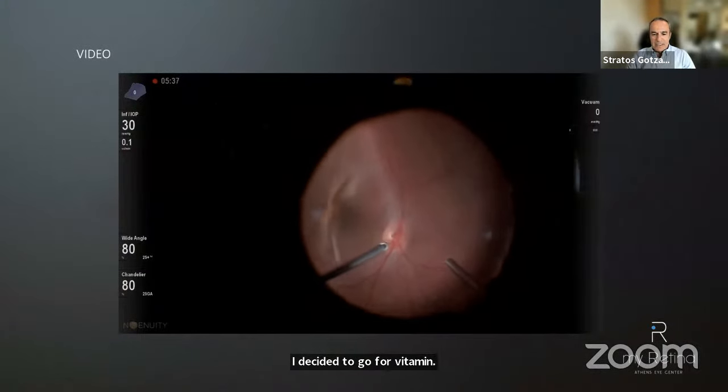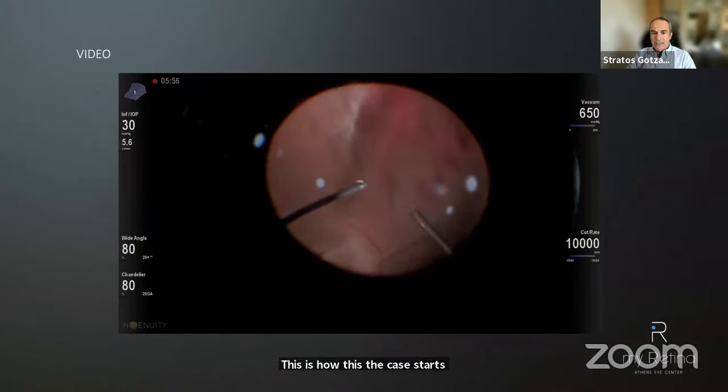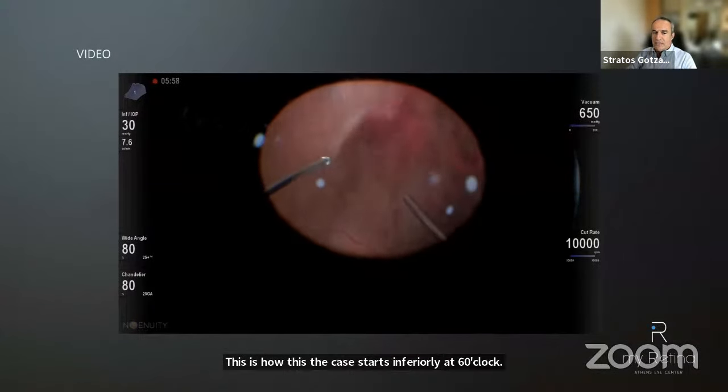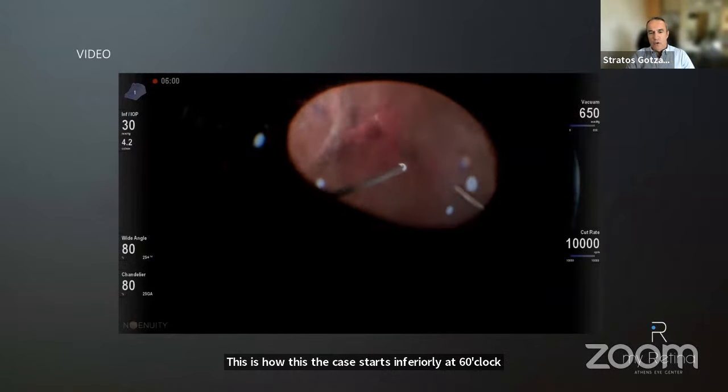This is how the case starts. Inferiorly at 6 o'clock, the vitreous had already separated because of the trauma.